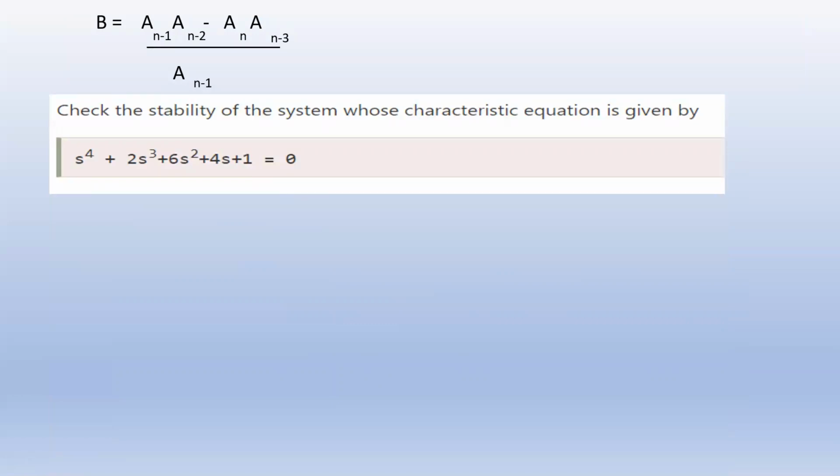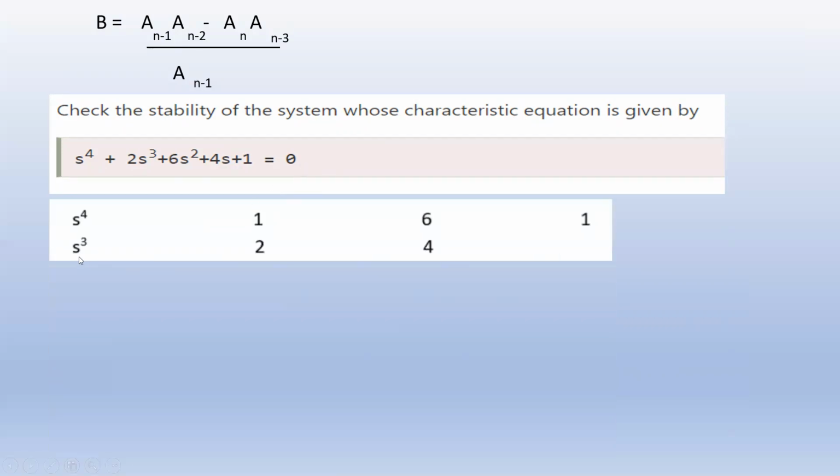So let us solve a question so that it becomes much more clear. Here we have a characteristic equation given: s^4 + 2s^3 + 6s^2 + 4s + 1. We have to first create the Routh array. The highest power is s^4 and the next power is s^3, and we continue with s^2, s^1 and s^0.